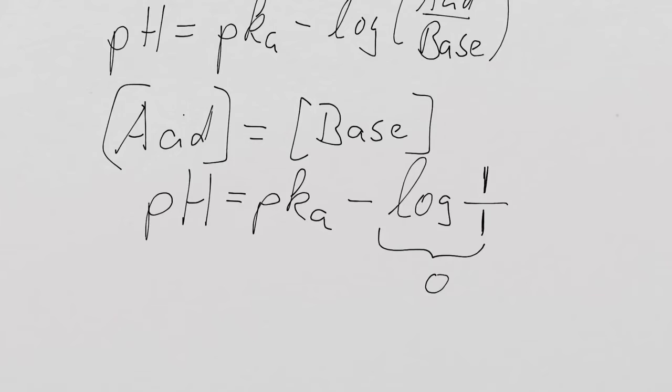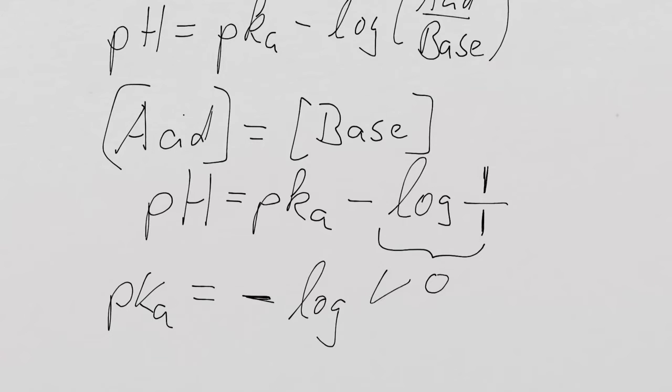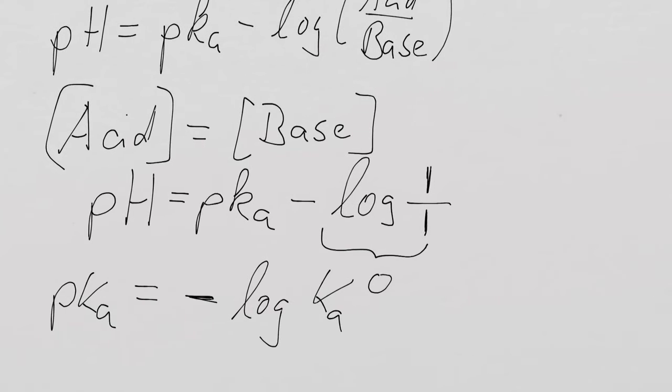What does a pKa say? pKa is defined as minus log of Ka. What is Ka? That was the equilibrium constant, or in this case, the dissociation constant.